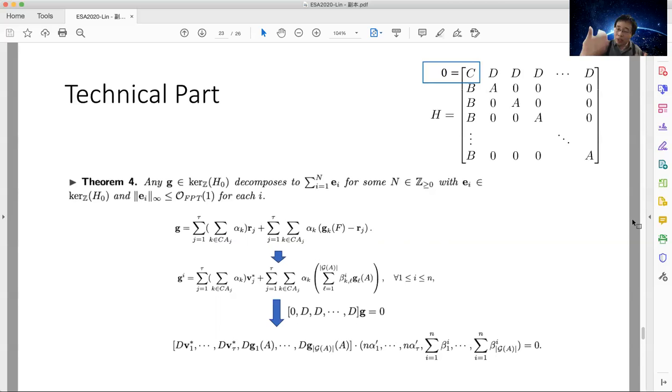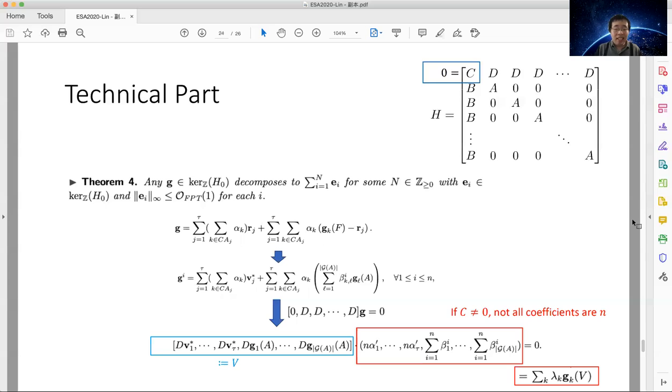you just write it in this form, plug back these constraints, and with some sorting of the terms, you can rewrite this into the following nice form, where you have a matrix V of FPT size. This V times a certain vector equals 0. This vector can be very huge, but V is of FPT size.